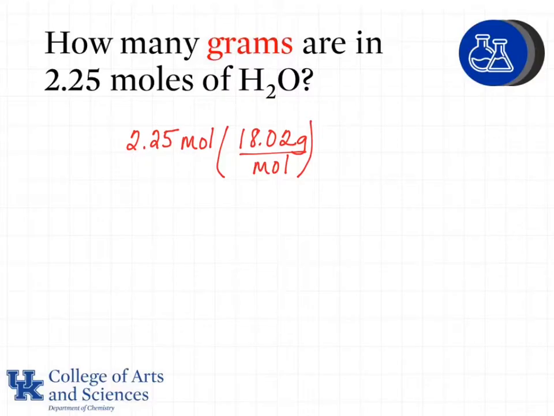We'd already calculated the molar mass of water as 18.02 grams per mole. Now our units of moles cancel out. At this point we're left with units of grams, and now we can take 2.25 times 18.02 and get 40.5 grams of water. Notice that the process I used here was exactly the same as the process I used in solving dimensional analysis problems. The only difference was the relationship was specific to water.